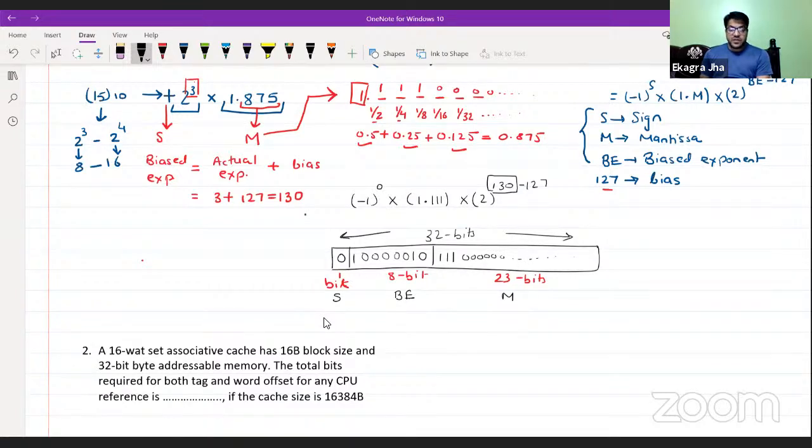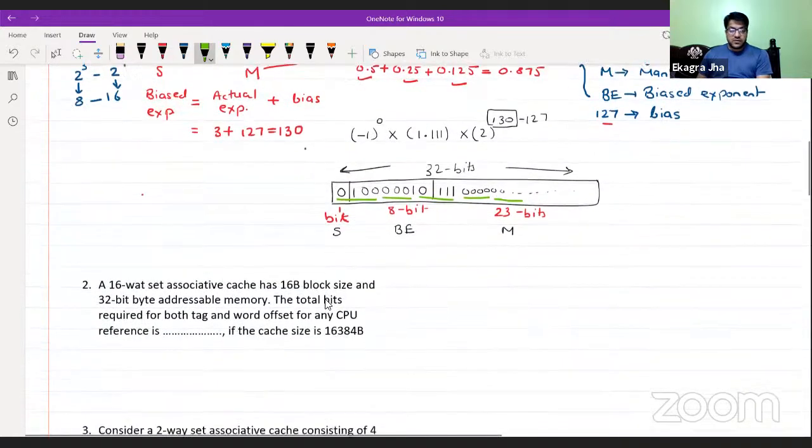So this will be the full 32-bit representation of the decimal value 15.0, and you can easily convert this into hexadecimal. How to convert this into hexadecimal? First four bits, then another four bits, then another four bits, and so on. This is how you find it.